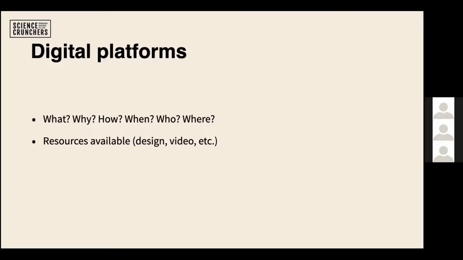And also, seriously think about the resources you have available. It's really nice to say and see things in communication, communicating science and all kinds of communication in social media, but they require design skills, they require video skills. If you're just writing a post in Twitter, they require creative writing skills.